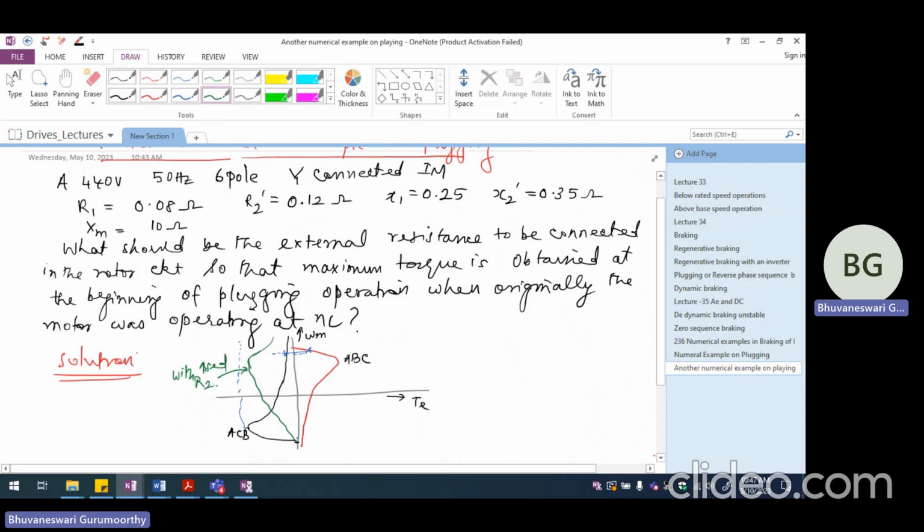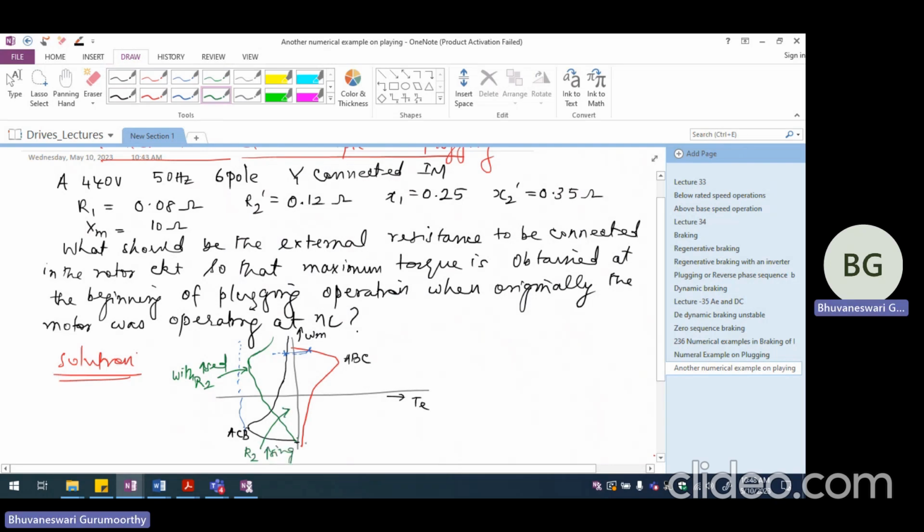When I increase R2, I'm going to have a huge amount of droop in the characteristics, due to which the induction motor characteristic is shifted somewhat like this. So this is the way when R2 is increased.